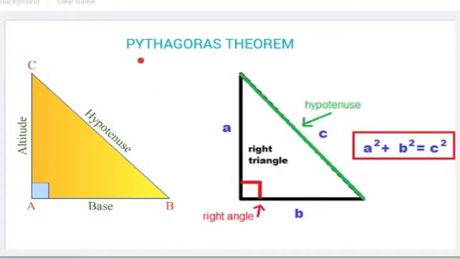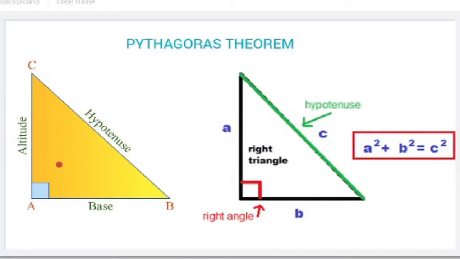In Pythagoras theorem, we use a right angle triangle. So before knowing the Pythagoras theorem, you must know what a right angle triangle is. Here we are given a triangle ABC. Here angle A is 90 degree, so this triangle is known as a right angle triangle.